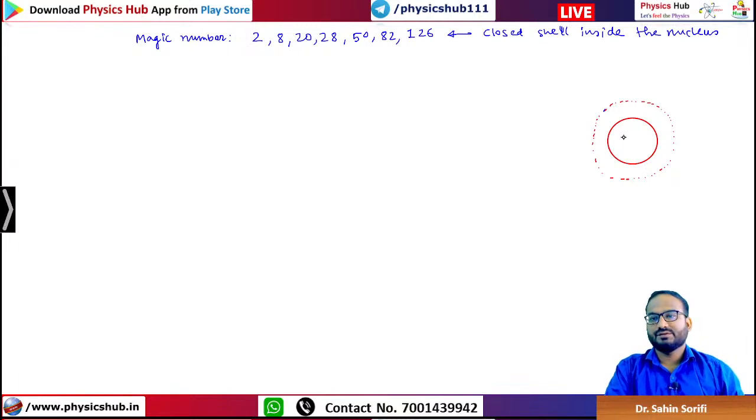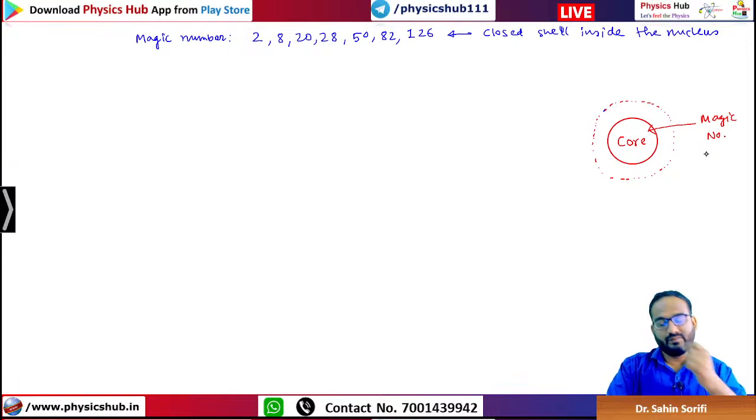So this is your core, which contains magic numbers, and whatever extra nucleons we have, they move outside of it.